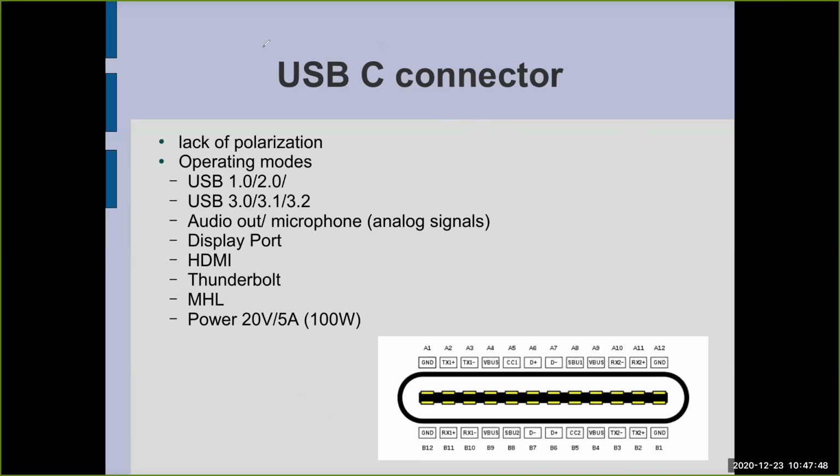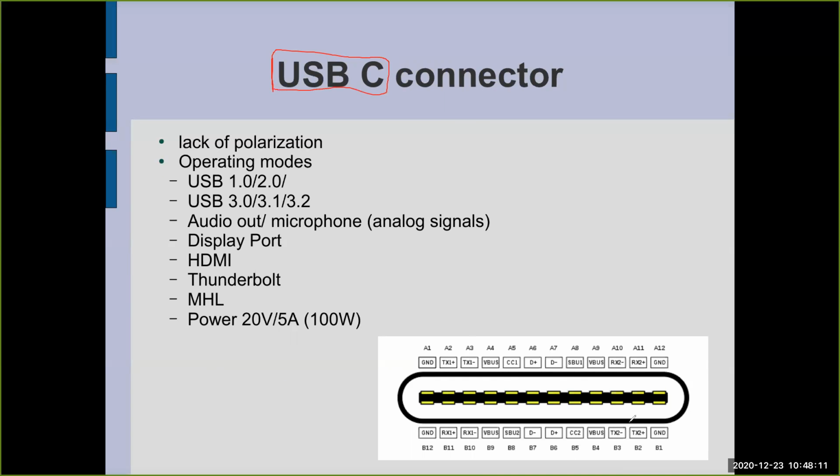Okay, now I'd like to tell you something about USB-C. First, it is called USB-C, but in fact, it's not USB. USB-C is only a name for the connector, not a name for the interface. Why?